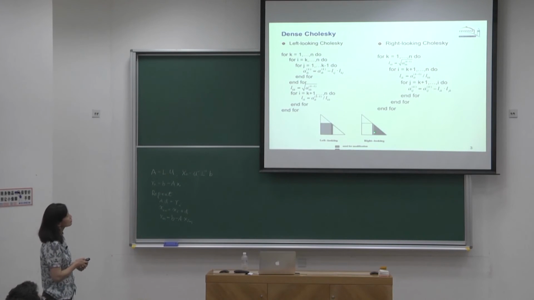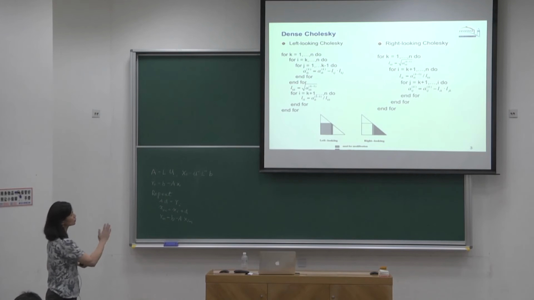And right looking is different. Right looking is currently I'm at column K, but everything here is finished, and for all the rest I do the update of the trailing matrix. So every time I have to look to my right to update the trailing matrix, whereas in left looking, at this point, I only look at my left. I don't need to look at my right.